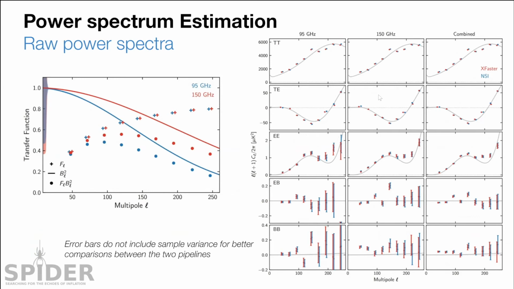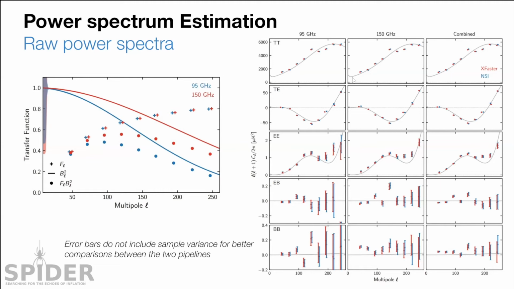And the figure on the right shows the raw power spectra from both pipelines for the full SPIDER data set. The gray lines are the best fit Planck lambda CDM power spectrum. Since no foreground cleaning has been applied to these raw power spectra yet, the points are expected to have excess power over the lambda CDM model, particularly on larger angular scales.